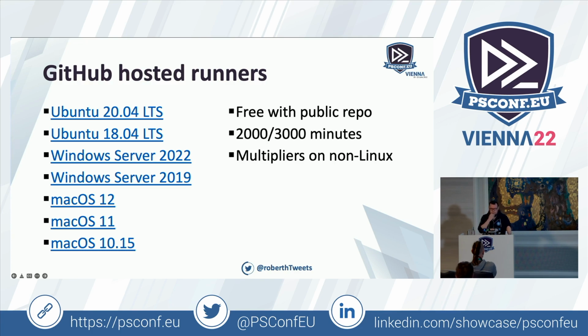The only thing to think about here is the multiplier. If it's a Linux machine, 1 minute is 1 minute. If it's a Windows machine, 1 minute is 2 minutes, because why not? And if it's macOS, 1 minute is 10 minutes. I'm guessing that's because, how many Macs can they have? I don't know how that works. Don't ask me about that.